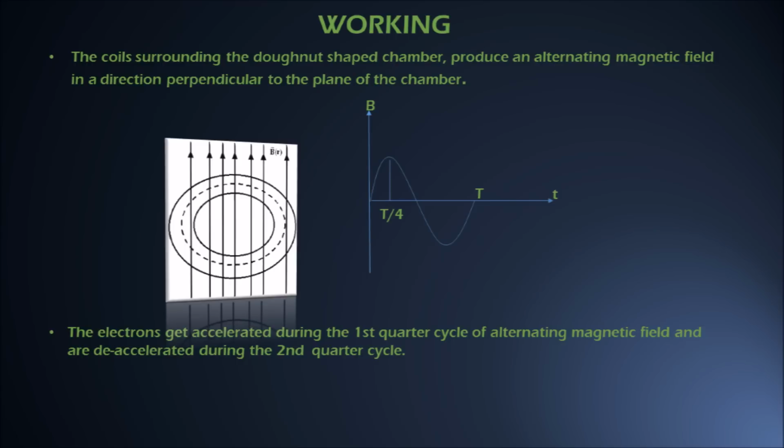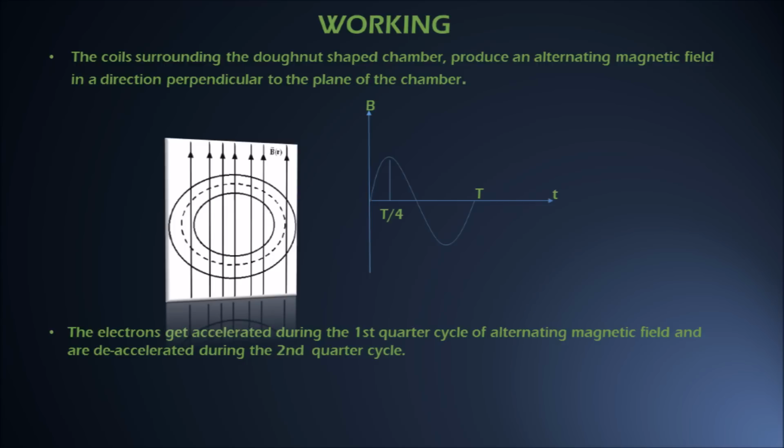The velocity of injection of electrons is kept in a direction perpendicular to external magnetic field so that electrons follow a circular orbit. Also, due to continuous variation in magnetic field, an EMF is induced in the chamber due to electromagnetic induction. The so induced EMF accelerates the electrons.